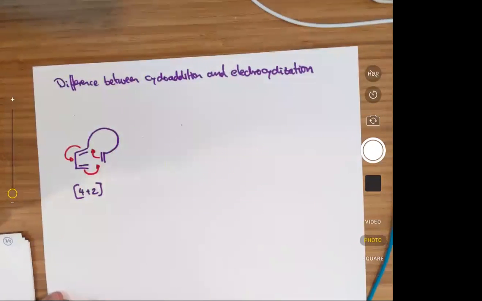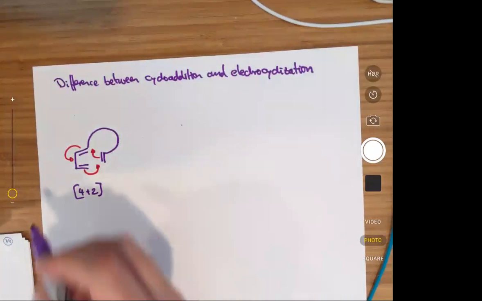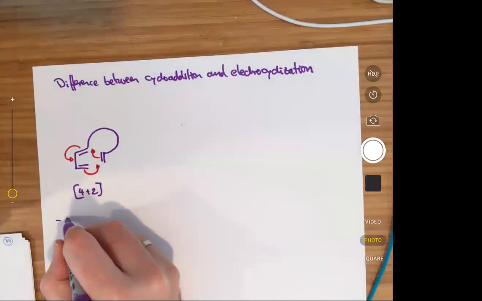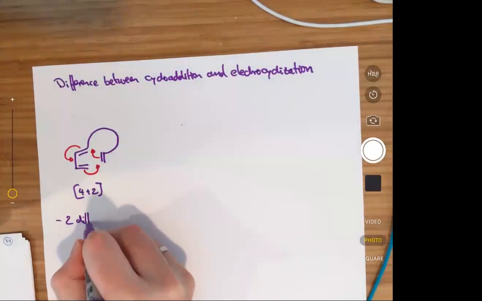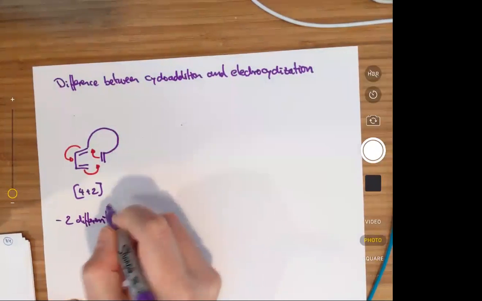We can push these in over here, and we end up with the classical formation of two new sigma bonds as we have seen this in the Diels-Alder reaction so far. So we have two different pi systems.